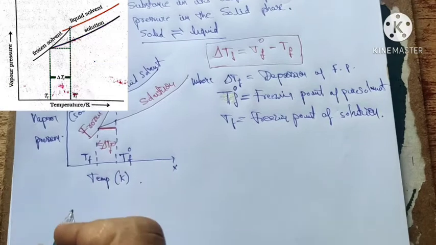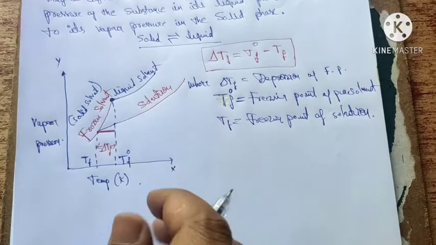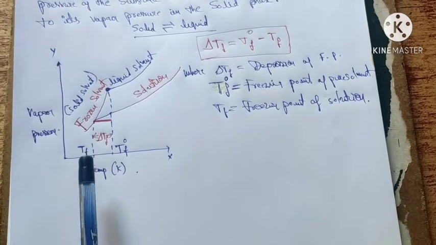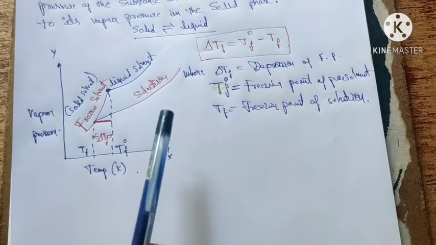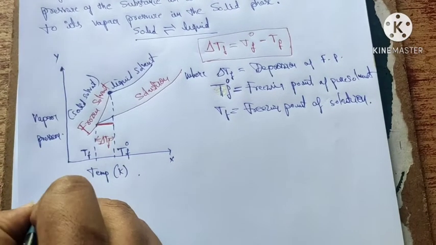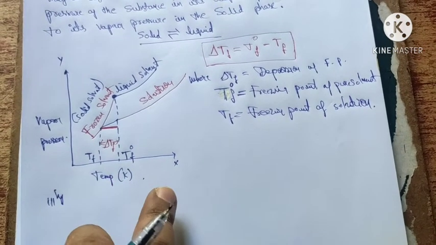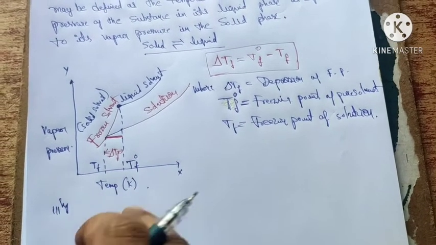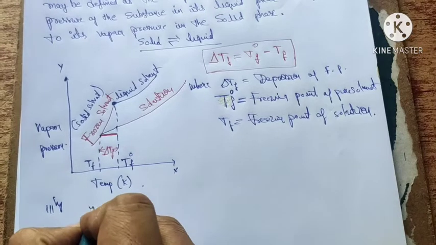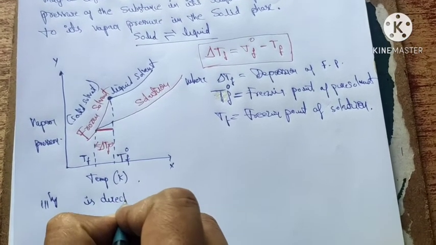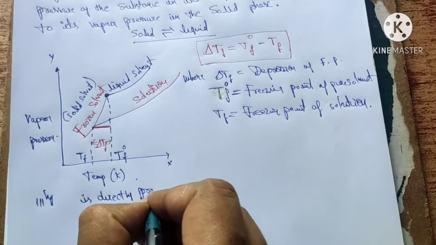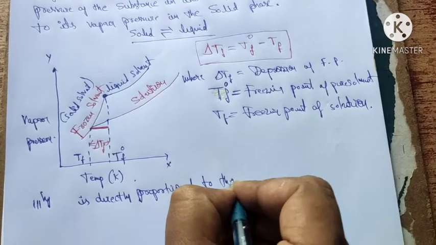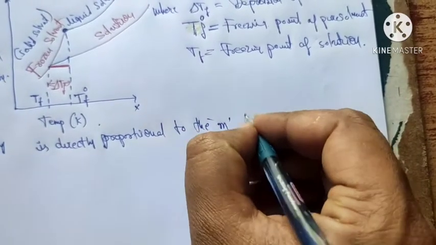Okay, next going to the expression of depression of freezing point. Students, in the previous session we discussed elevation of boiling point. Similarly, the elevation of boiling point and depression of freezing point for dilute solutions or ideal solutions is directly proportional to the molality.